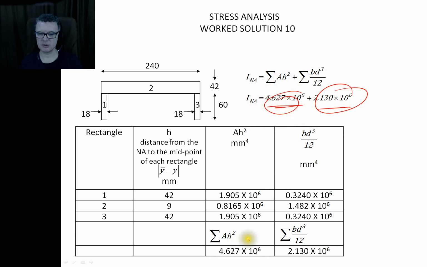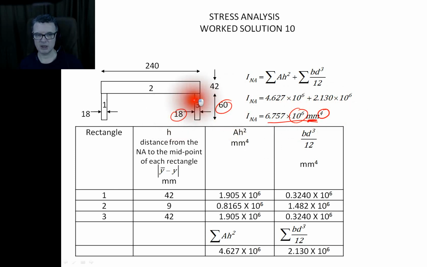Those two numbers we add up and we get a result of 6.757 times 10 to the 6. This is in units of millimeters to the power 4 because we've decided to work in millimeters everywhere. I've only really got two choices: work in millimeters and get a big positive number like that, or work in meters and end up with a final result in meters to the power 4.